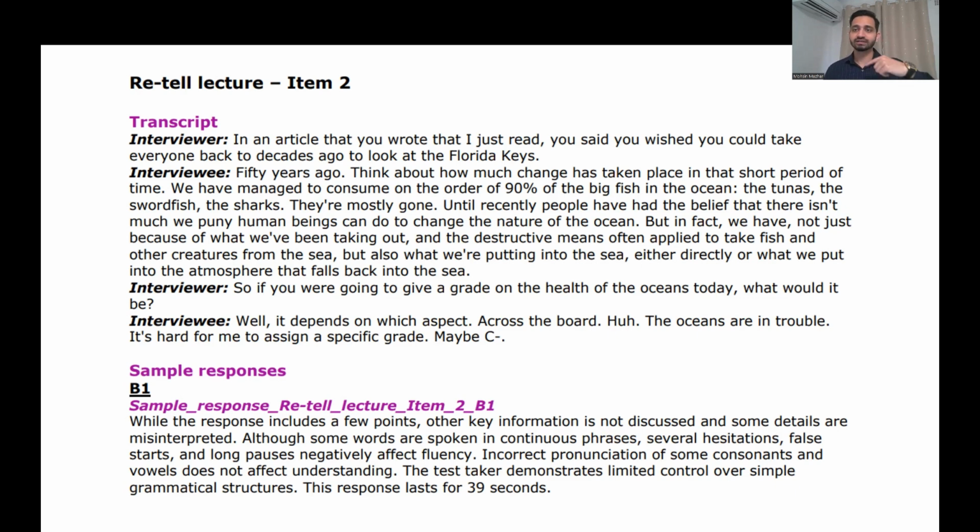If you're telling lies, in other words, you're going to lose marks, all right? Although some words are spoken in continuous phrases, several hesitations, false starts, and long pauses negatively affect fluency. Incorrect pronunciation of some consonants and vowels does not affect understanding. The test taker demonstrates limited control over simple grammatical structures. The response lasts for 39 seconds.